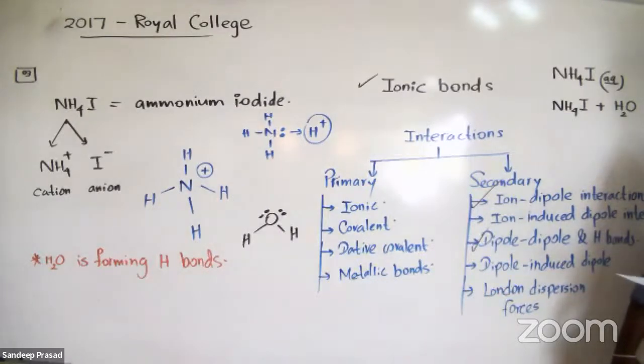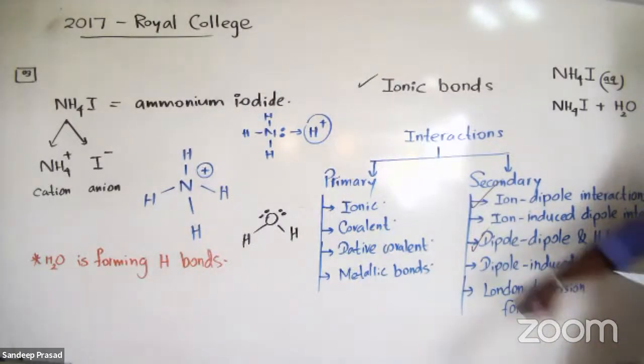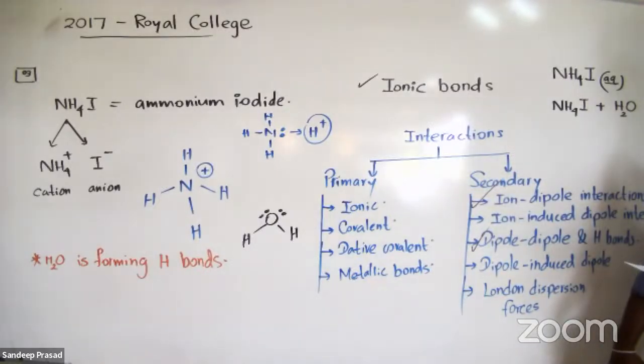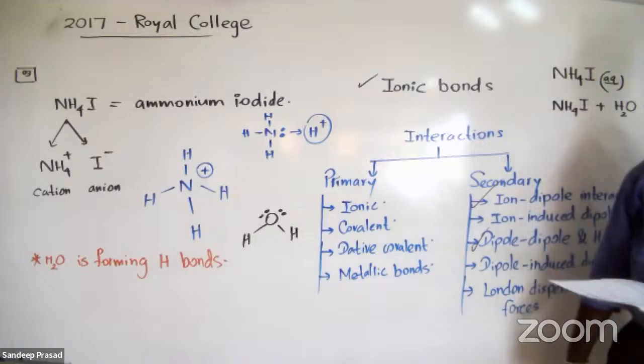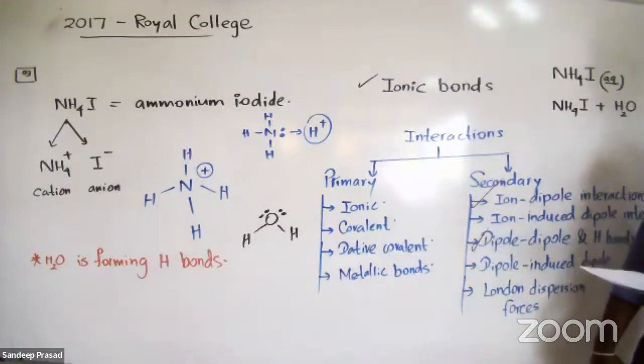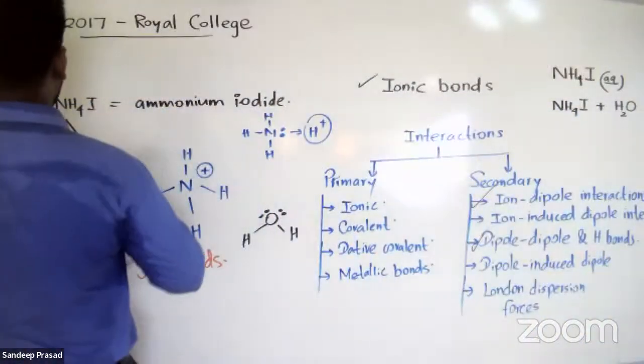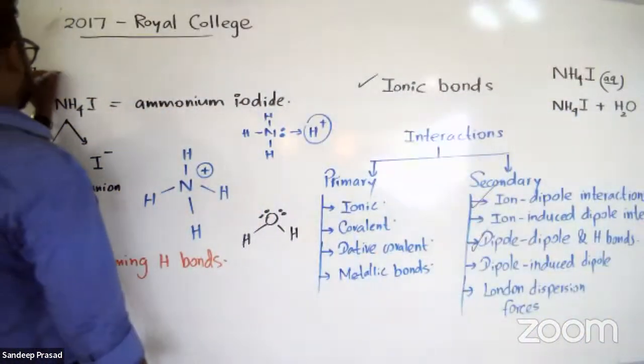Then hydrogen bonds. Is that correct? Yes, of course. Ion dipole, I told you that the ammonium plus cation is connecting to the water molecule. Ion dipole bonds are correct. Then dative bonds. Yeah, that's also correct. So all the bonds are existing. Therefore, question number 3, the answer is the fourth one.